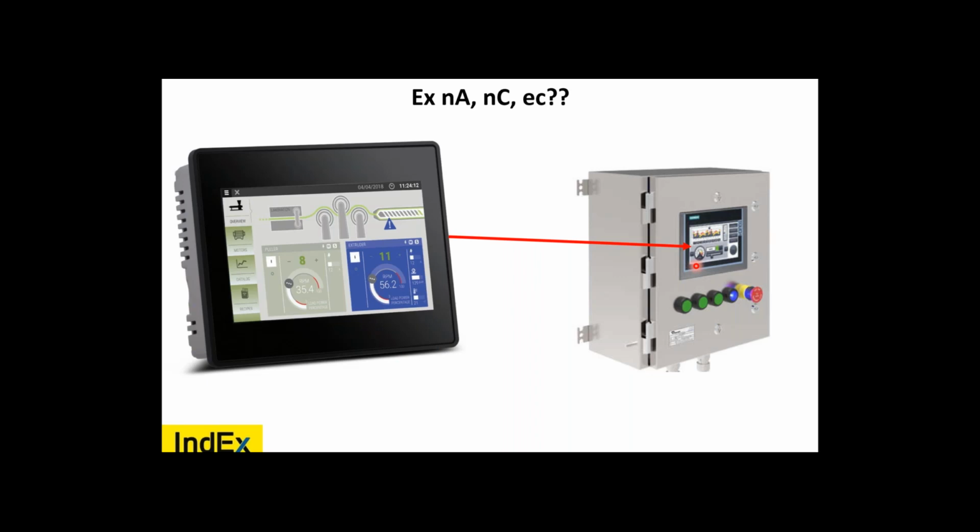Some of them only have to go into an IP54 junction box. Or maybe it goes into an Ex e junction box. Or maybe Ex p, pxb, pyb, pzc. Or maybe it goes into an Ex d. Maybe. No, it would not go into Ex d because it's not rated Ex d.